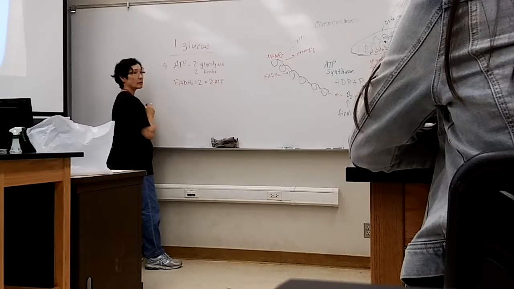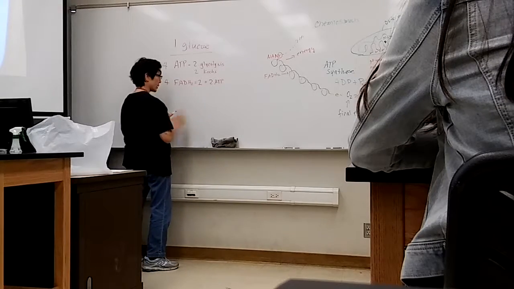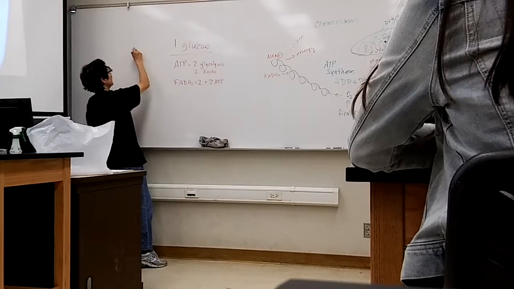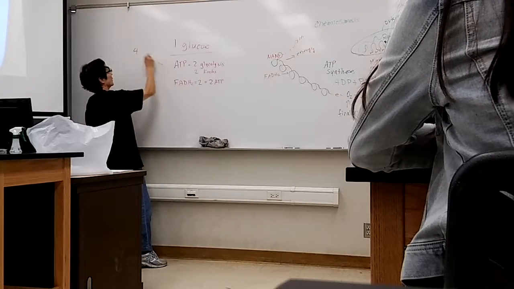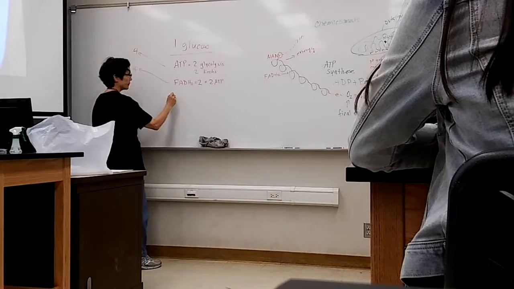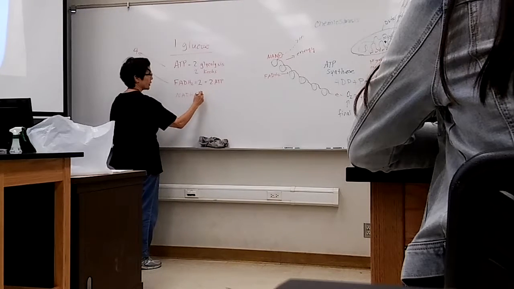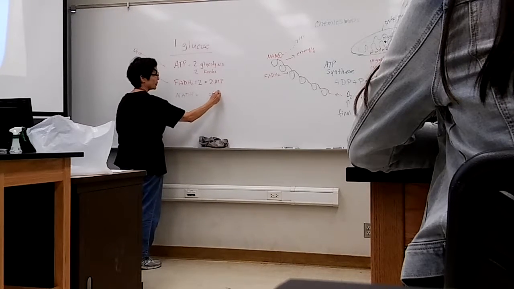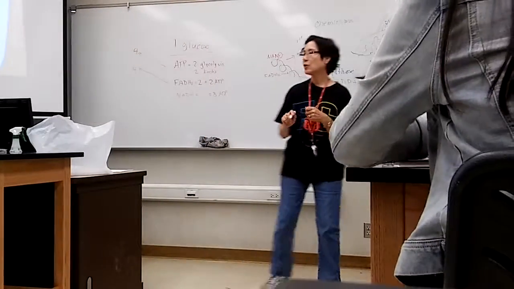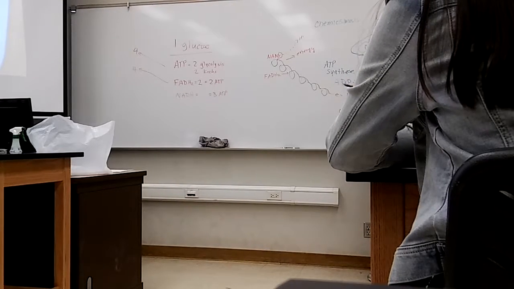So how many ATPs? 4. Okay? 4 ATPs here from this one, and then 4 from this one. And the NADH can yield 3 ATPs. Those electrons can yield enough energy to produce 3 ATPs. So how many do we have? 10. It's like 8 right here.